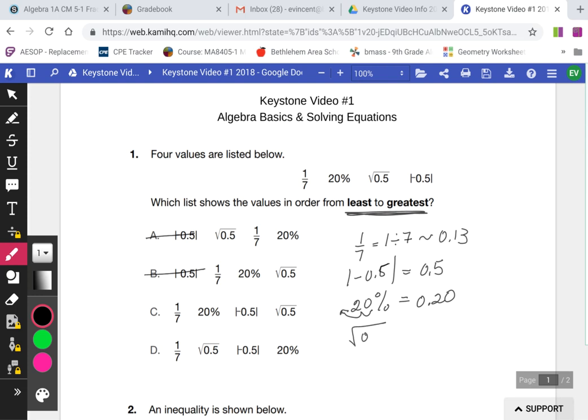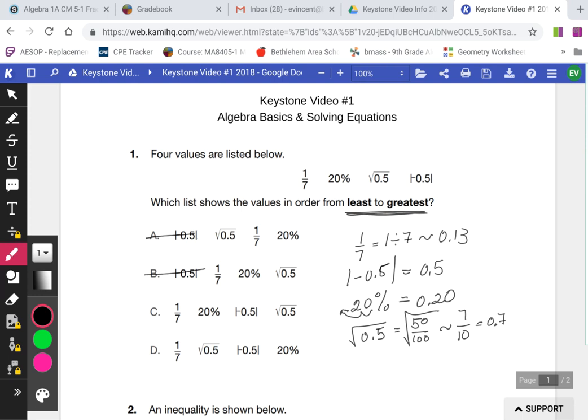We can write this as the square root of 50 over 100, okay? And the square root of 50 is about 7, because 49 is close to 50. So the square root of 49 is 7, and the square root of 100 is 10, which gives 0.7. And that's actually a really big number in this series.